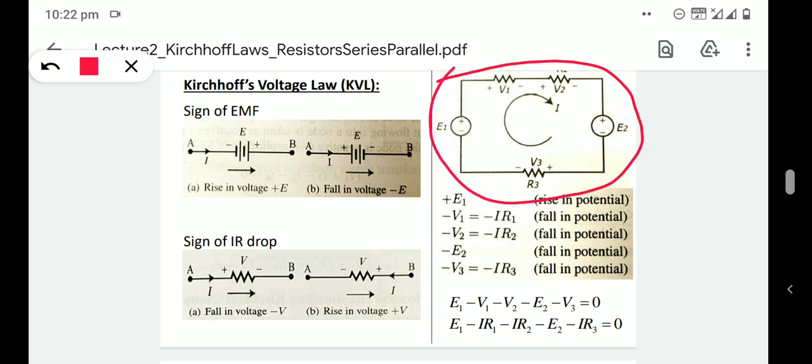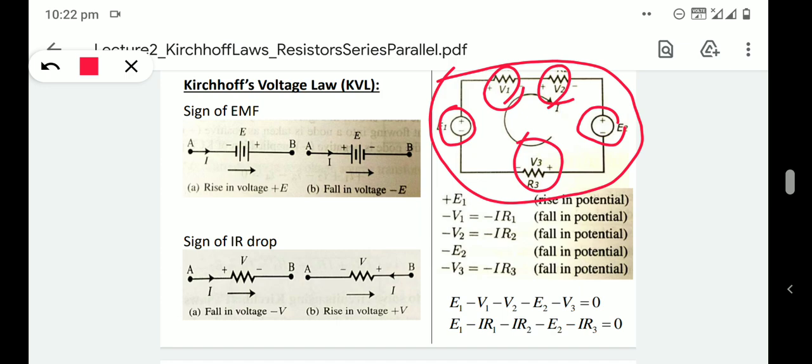So here the voltage across this battery, the voltage drop across this resistance, the voltage drop across this resistance, and the voltage drop across this resistance, the algebraic sum of all these voltages will give 0. That is what is meant by KVL.